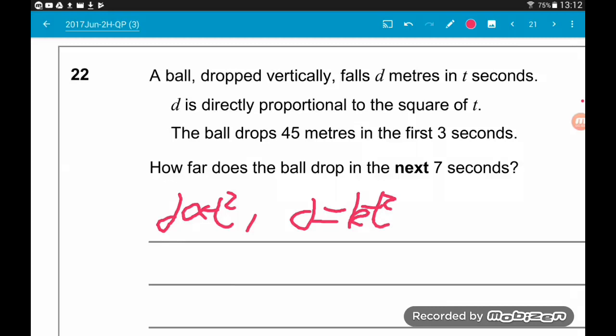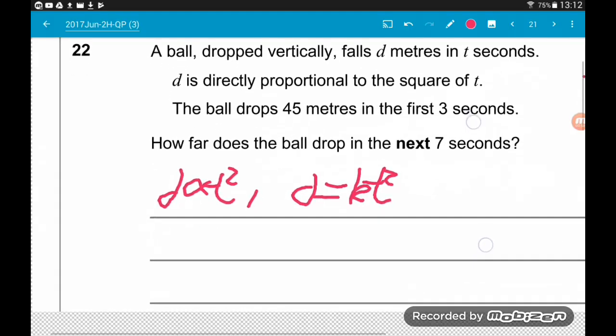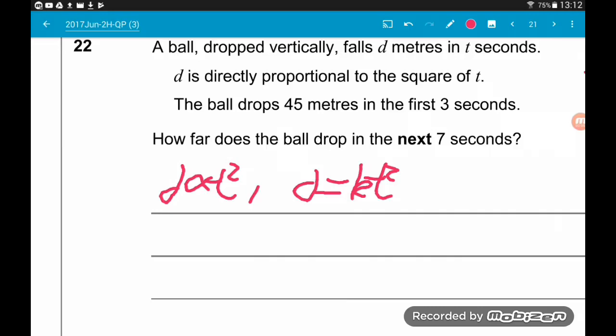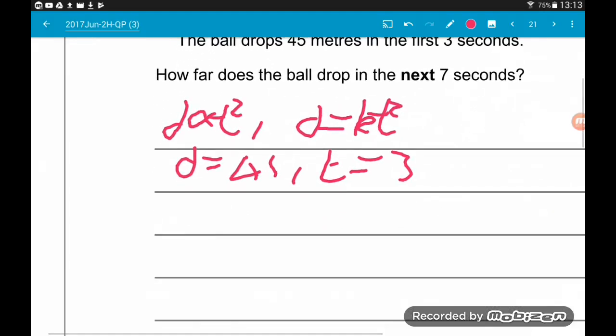Now we're told the ball drops 45 meters in the first 3 seconds. So next we can use that to work out the value of k. So D is 45 when t equals 3. If we substitute those values in, we get 45 is equal to k times 3 squared, which is 9.